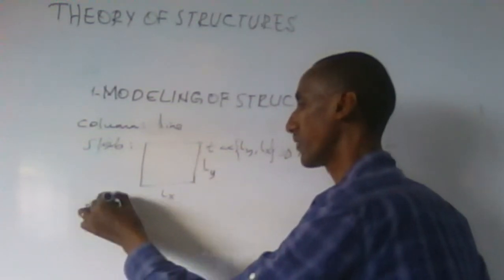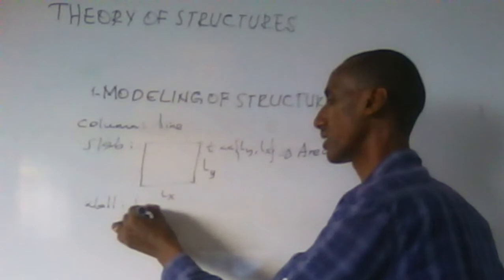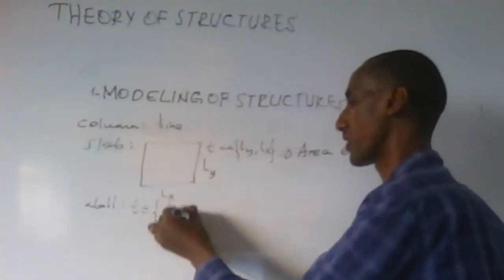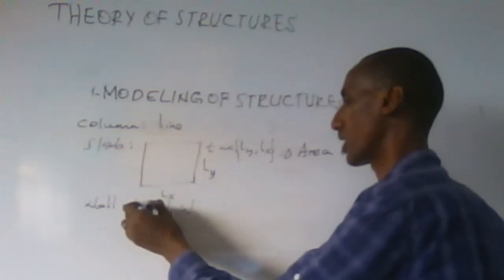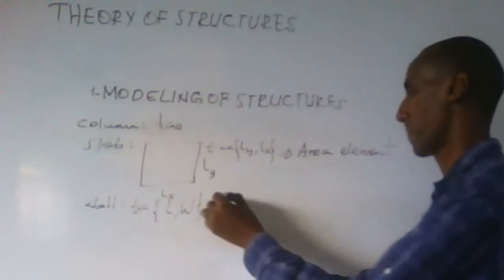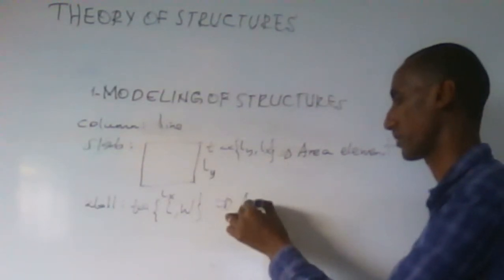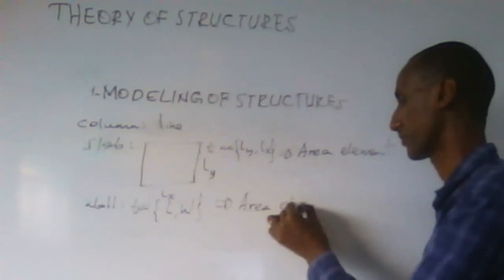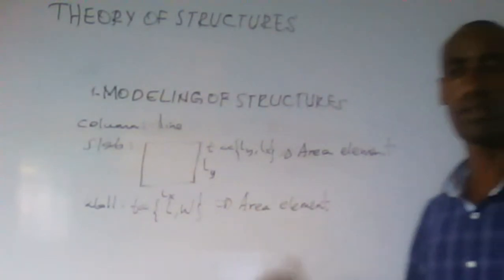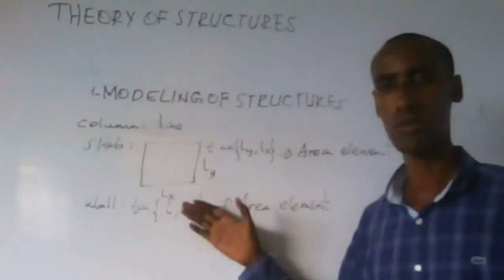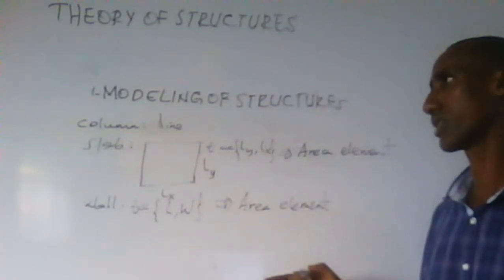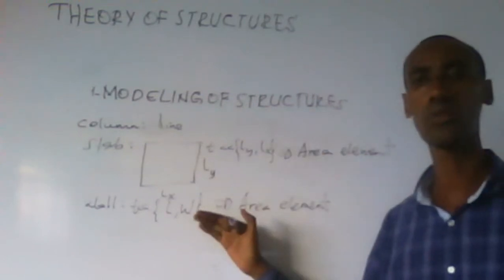Walls also have smaller thickness as compared to their length and width, so they are represented as area objects or area elements. So we may also have different representations. These are some of the most important representations of structural elements in modeling structures.